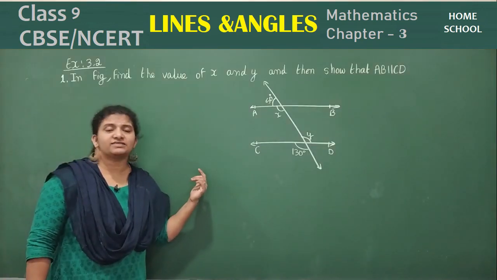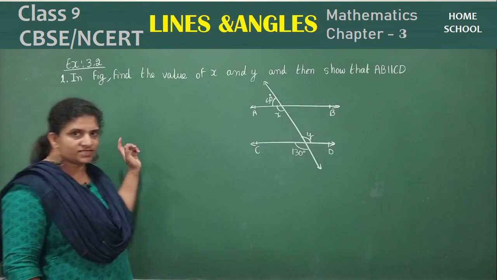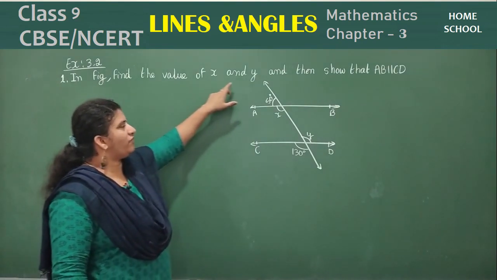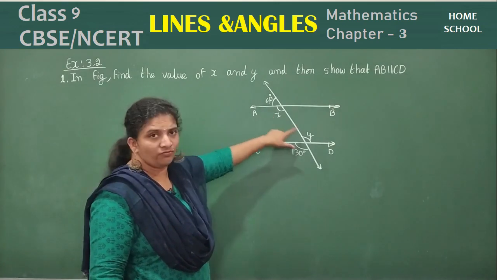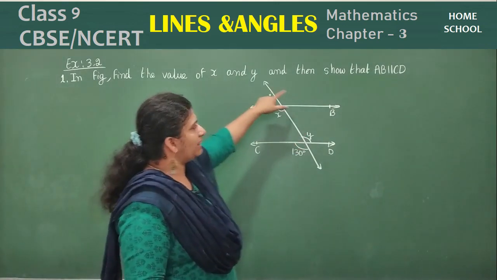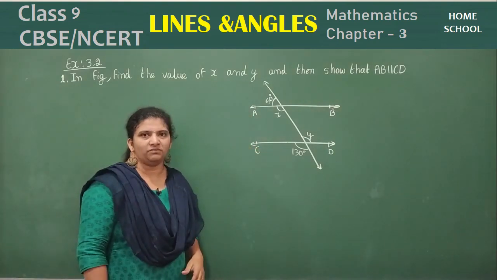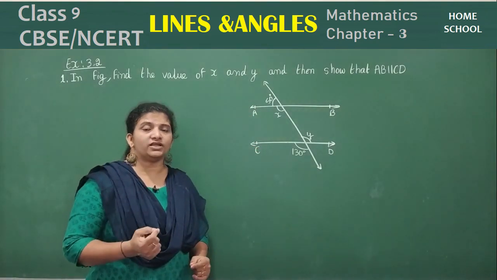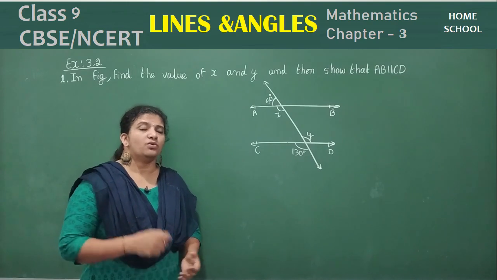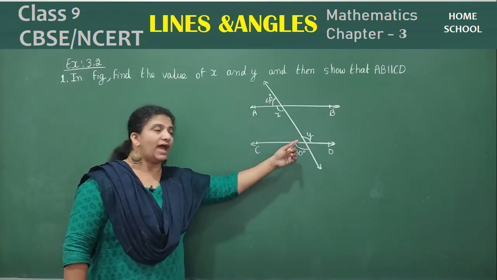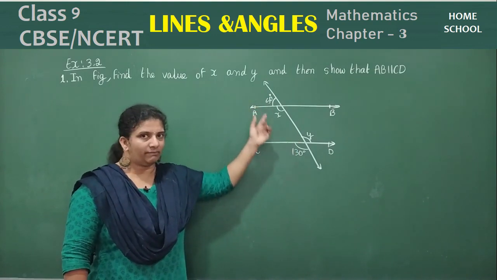Let's start our exercise 3.2. First problem. In the figure, find the value of x and y, and then show that AB is parallel to CD. You remember, children, we have seen our statements for when we can say lines are parallel. When the corresponding angles are equal, they will be parallel.